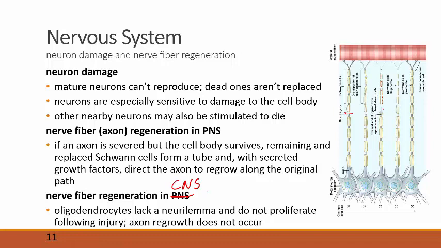So damage to a tract in the spinal cord or to a section of the brain is not repaired, and so that is why spinal cord injuries and traumatic brain injuries are so especially devastating to the person.